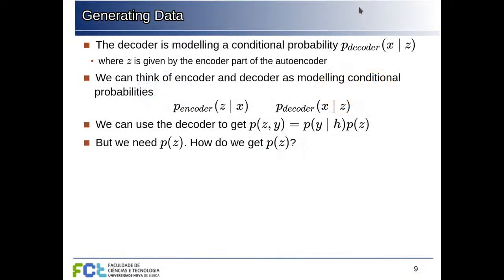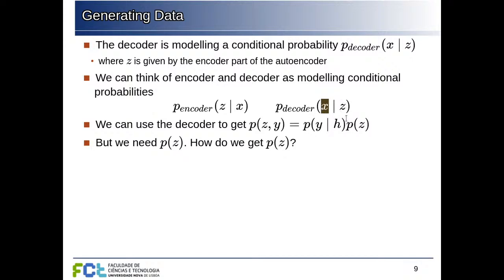Okay, so we can think of both the encoder and decoder as modeling conditional probabilities. So basically the encoder is giving us the hidden layer, the latent representation, as a function of the input, and then the decoder will give us the output.